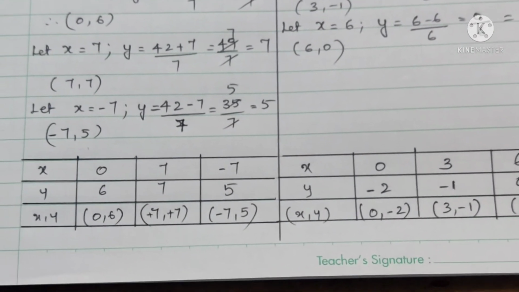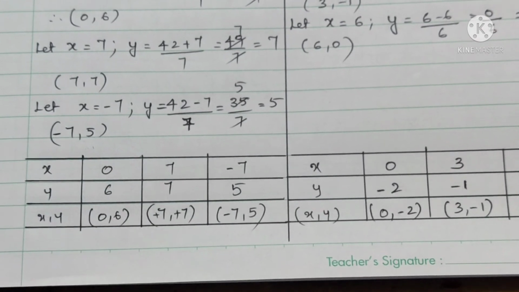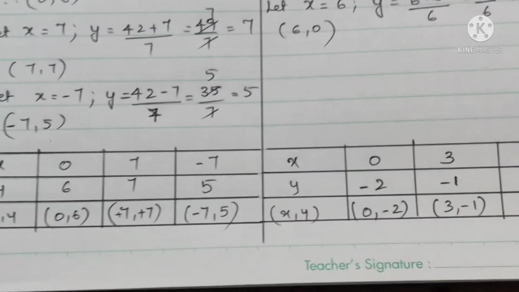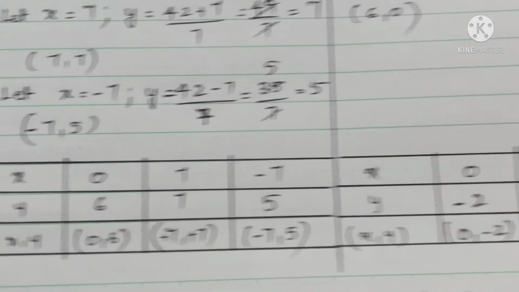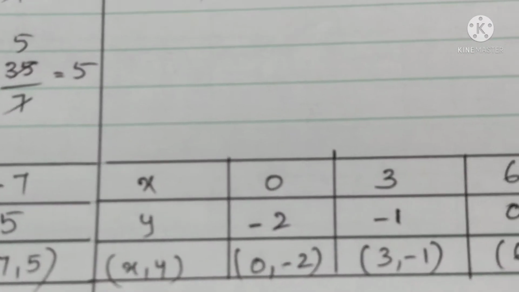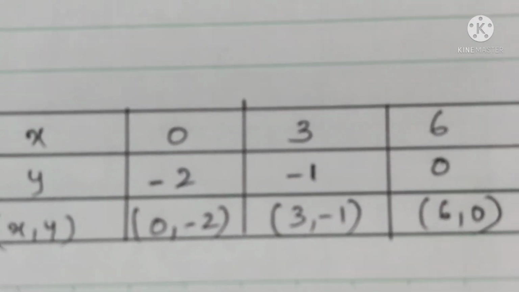At last you have to write both case 1 and case 2 in tabular form. This is case 1 and this is case 2. So like this you have to write.